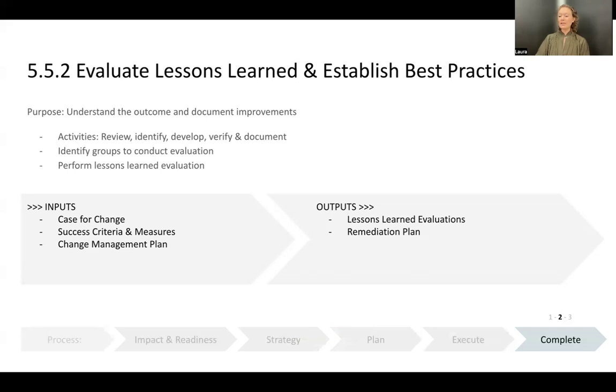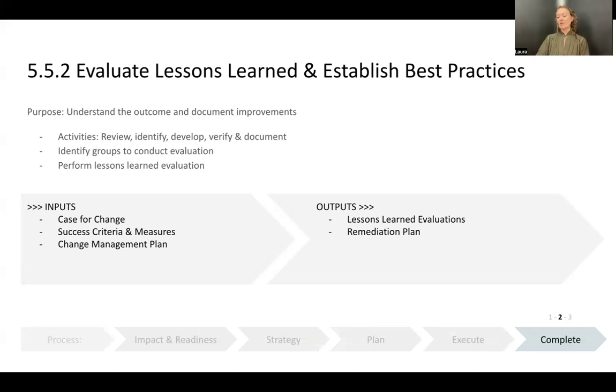The final lessons learned evaluation uses the collective feedback of the team and stakeholders or customers to understand the outcome of the change management program and document improvements. It also provides a useful validation of any outstanding change management issues or activities.